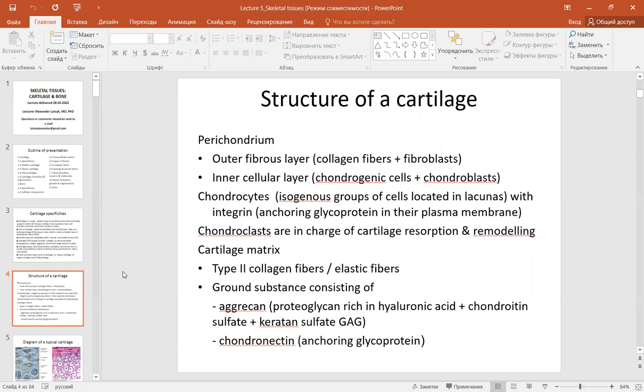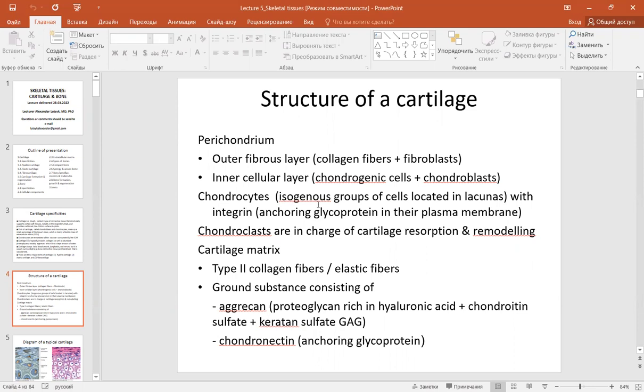Structure of the cartilage. It consists of the perichondrium, which is enveloping the cartilage itself, including an outer fibrous layer consisting of collagen fibers and fibroblasts, and an inner cellular layer consisting of chondrogenic cells and chondroblasts.